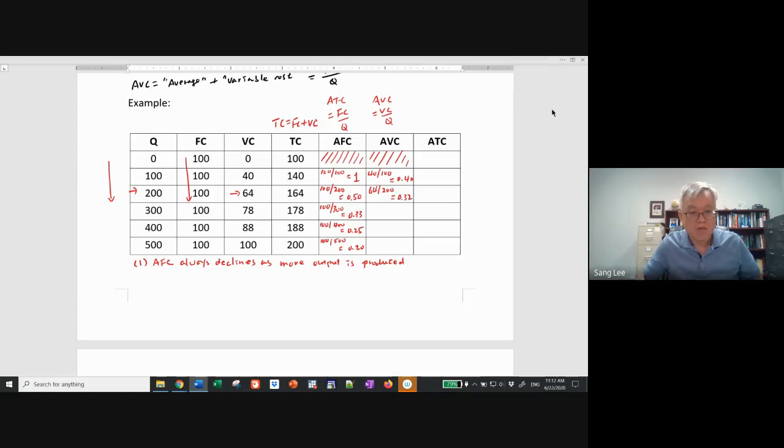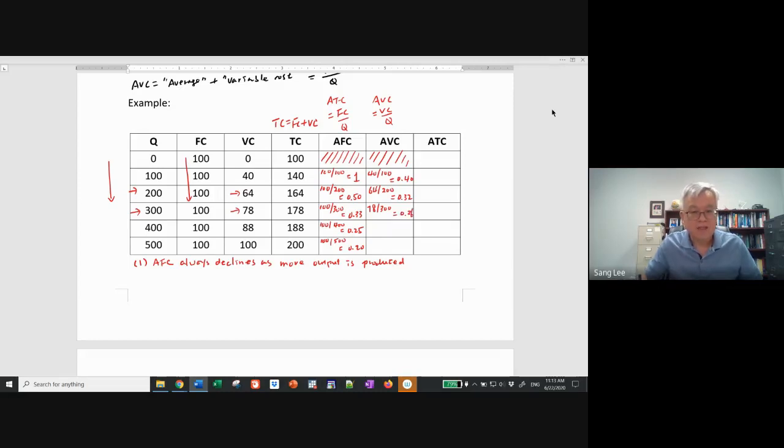Now, when you produce 300 units, variable cost is now 78. So all you need to do is variable cost of 78 divided by 300. That looks like 26 cents. Let me just confirm it. 78 divided by 300 is, yes, 26 cents.